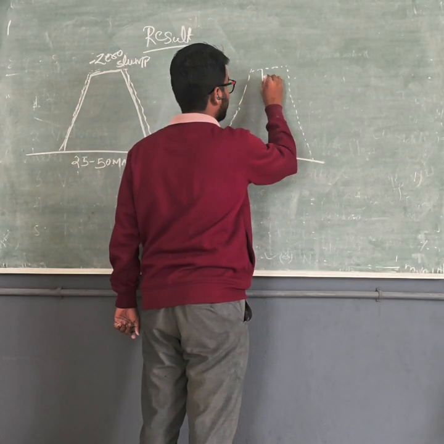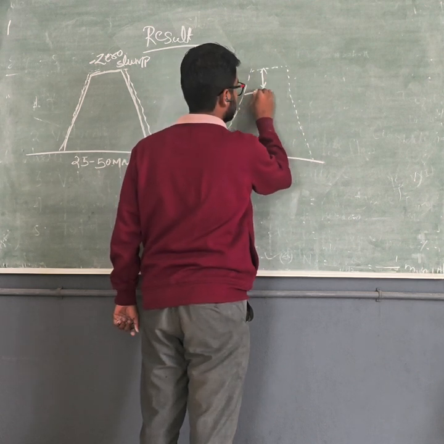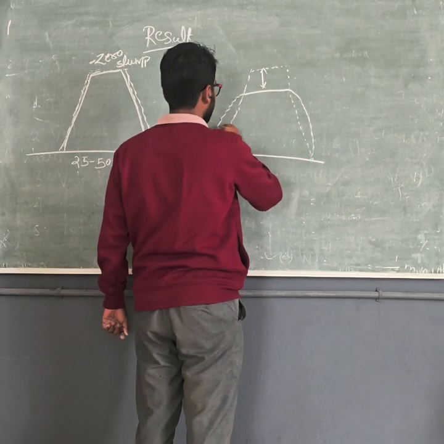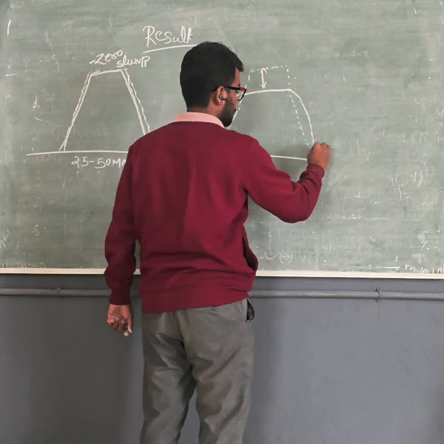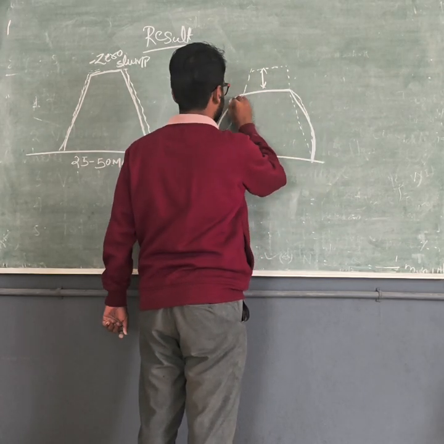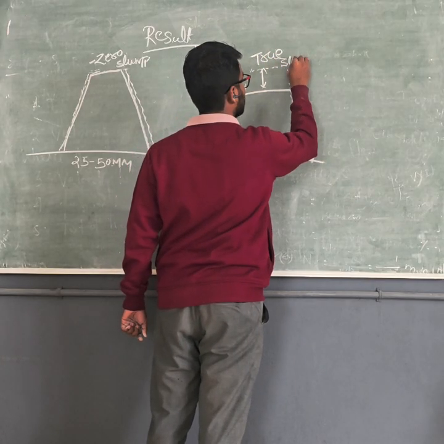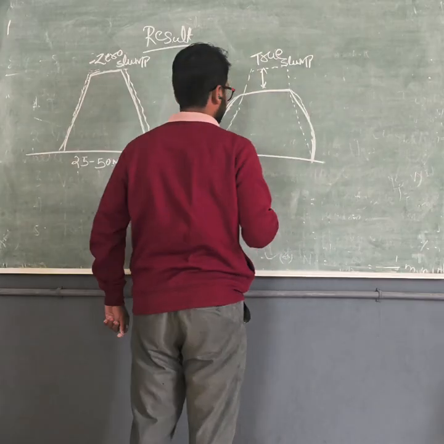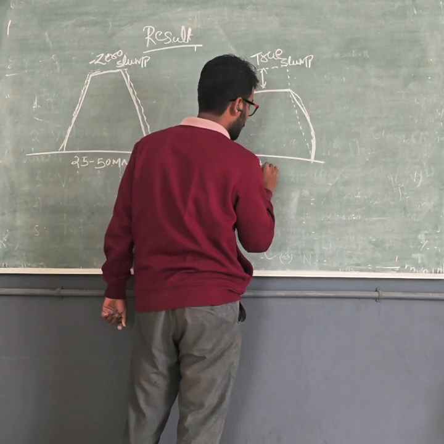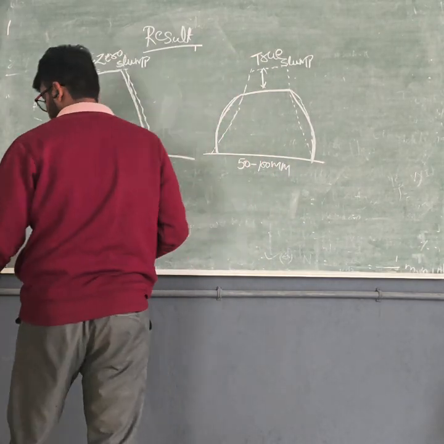The height is reduced from the slump cone to this kind of portion. This is looking like the true slump, and the value varies from 50 mm to 100 mm. It is a true slump. And these are the two kinds of slump.